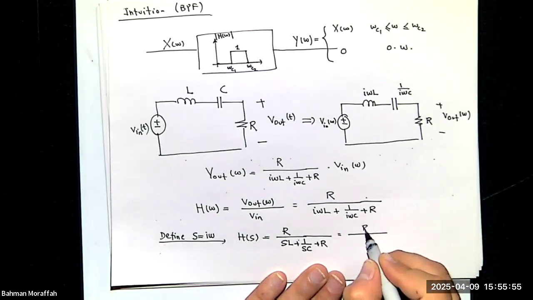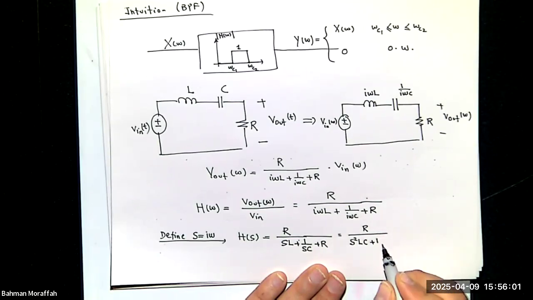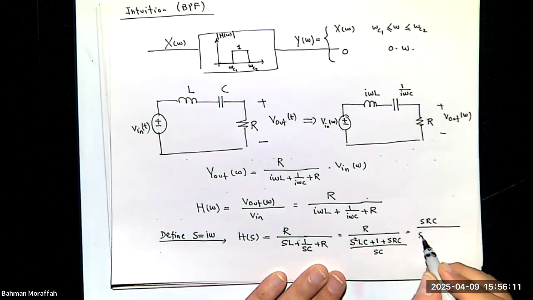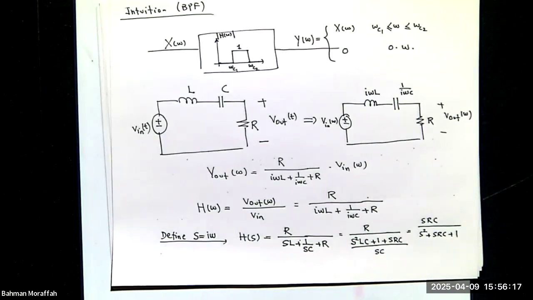If I do that, I get R S squared LC plus 1 plus SRC divided by SC. So this is SRC divided by S squared LC plus SRC plus 1. Remember, S is i omega.